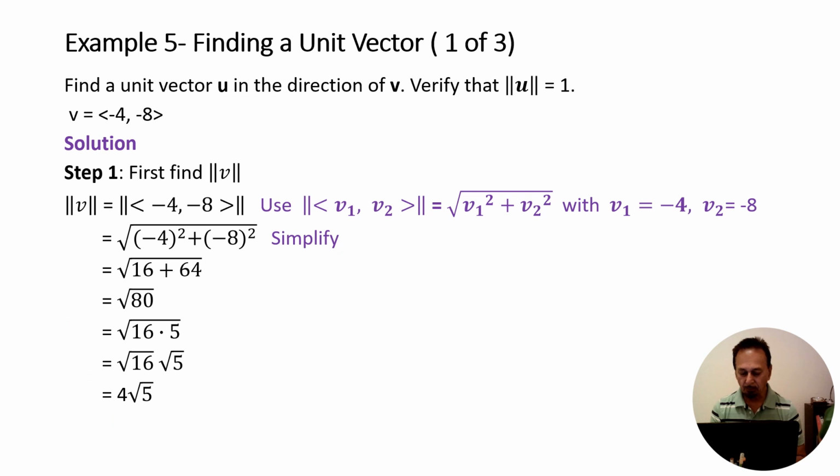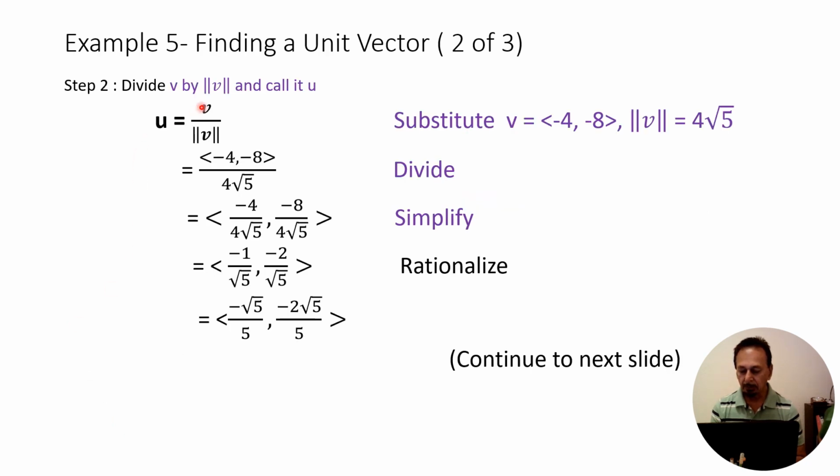So next we're going to divide the given vector v by its magnitude and call it unit vector u. So we have u equals vector v divided by the magnitude of v. So the vector v was negative 4 comma negative 8 and the magnitude was 4 times square root of 5.